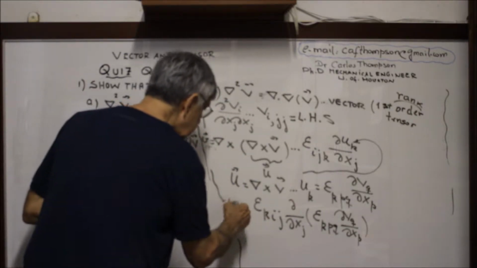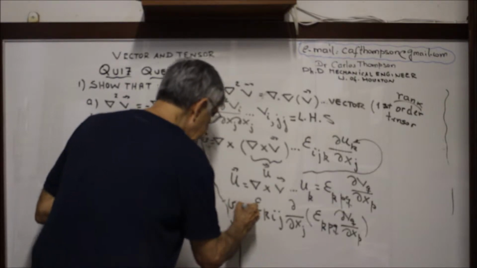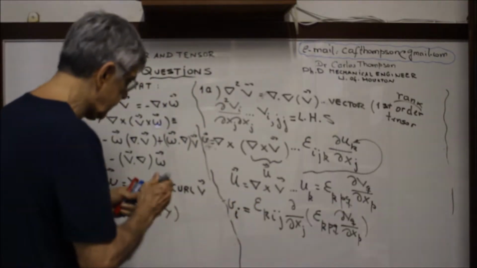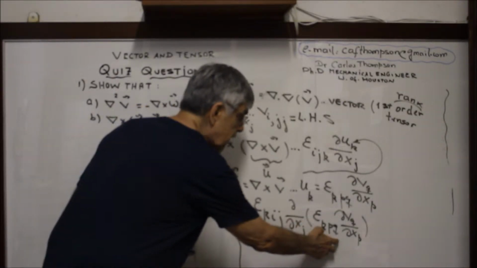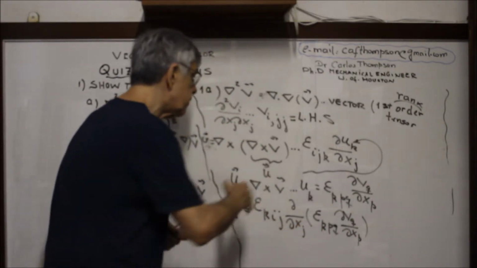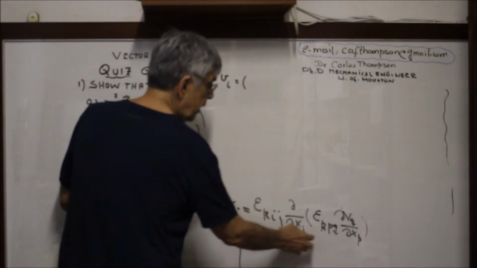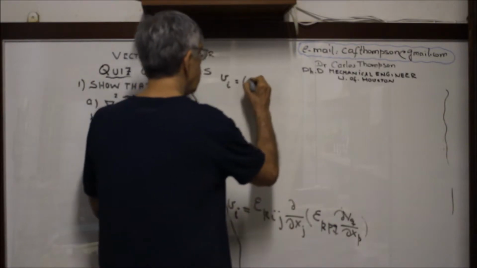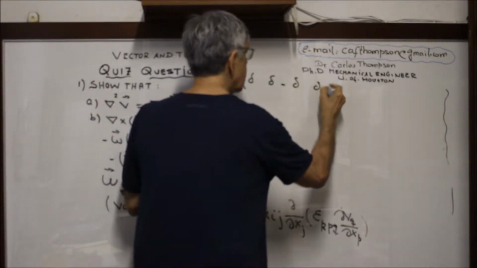So I put here vi. That's a free index. Now develop this. Epsilon kpq is constant, so I can put it outside and develop epsilon kij, epsilon kpq. Remember delta minus delta.